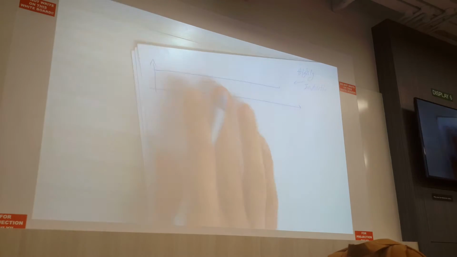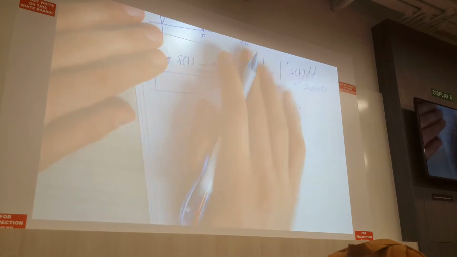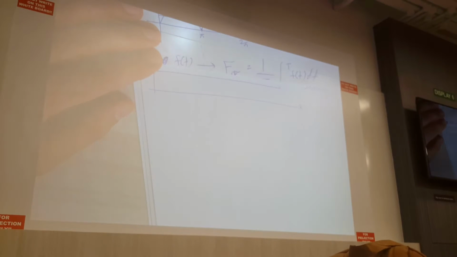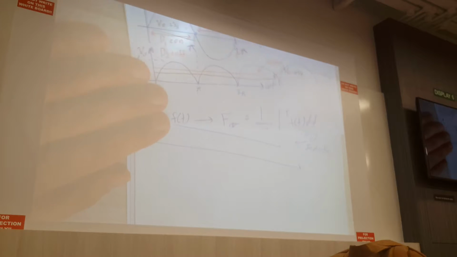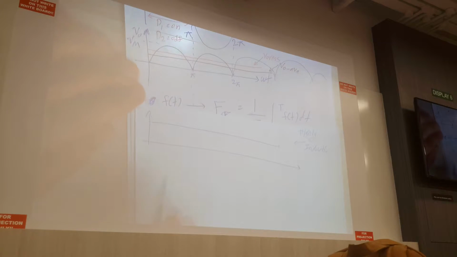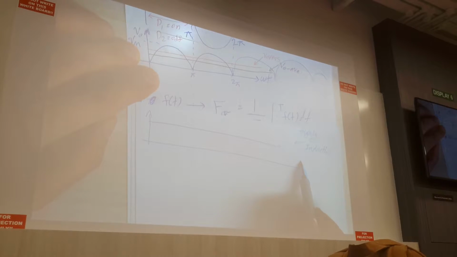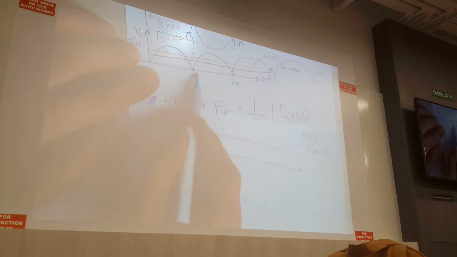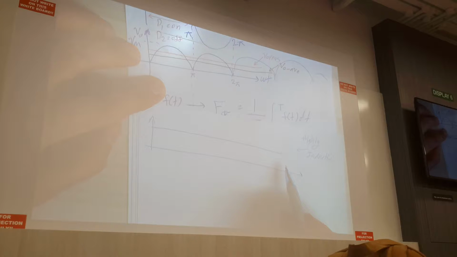Again, I'm drawing the same thing for the same voltage, which is 0 to pi. I am drawing the current for a highly inductive load for this voltage. You can see it is a constant value.